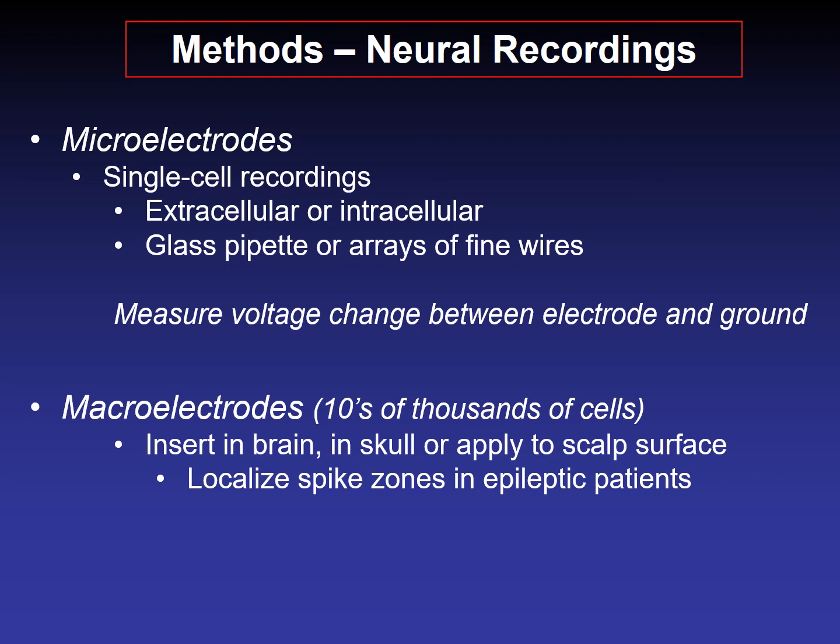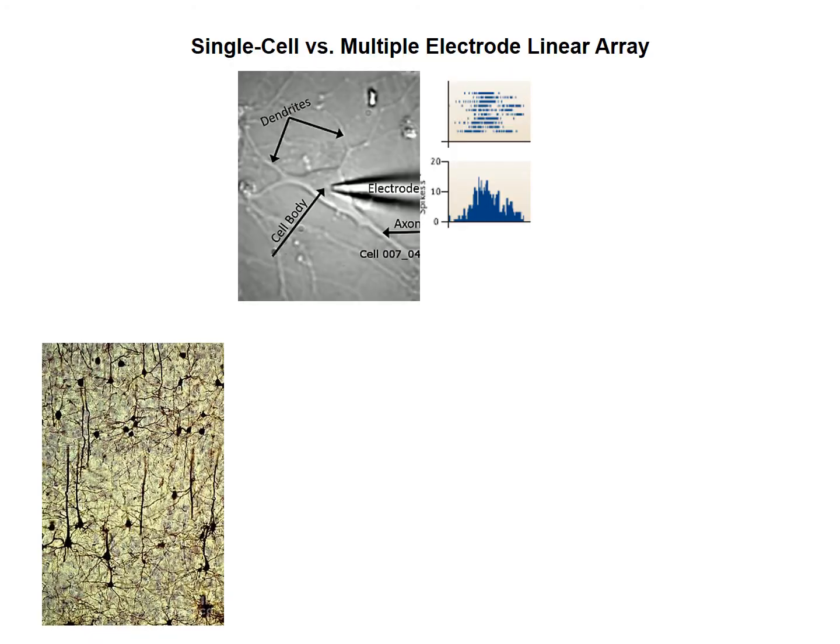And once they find it, that's the brain tissue that they will remove. That just about does it for our discussion of invasive methods that involve creating a lesion or tracing connections or recording from individual neurons or even tens of thousands of neurons simultaneously.